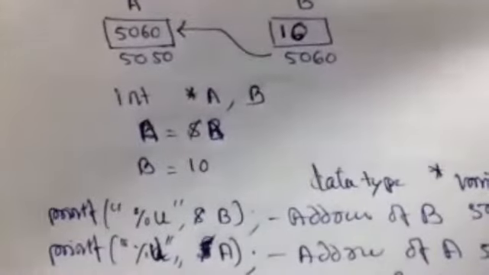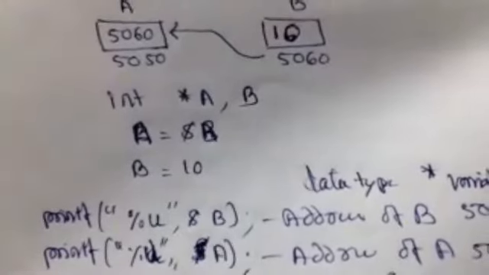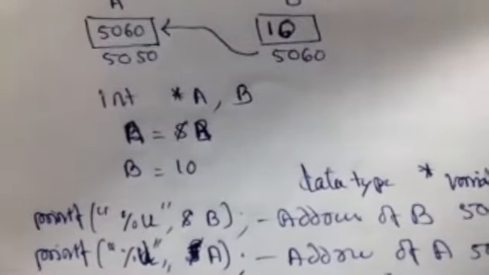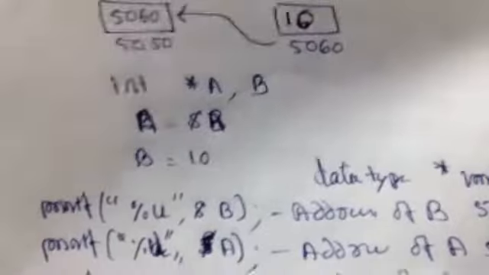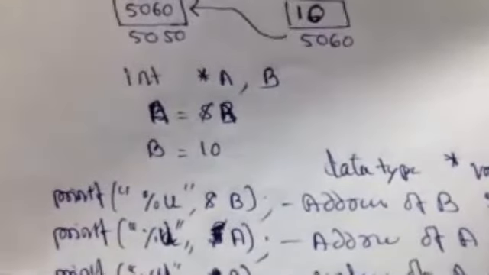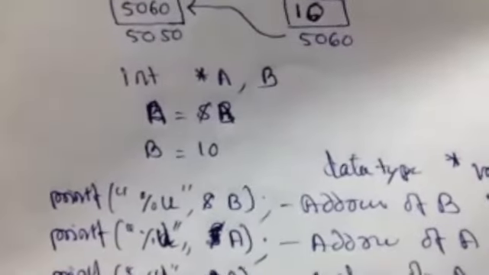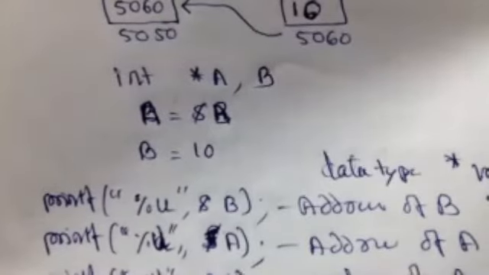Then printf percentage U ampersand B. Next printf percentage U. I dictated percentage D, not B. Second line percentage D, A only.